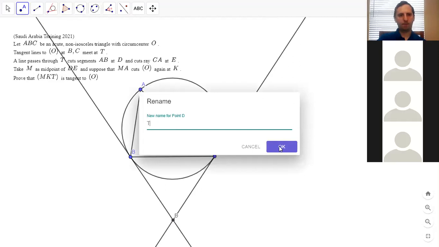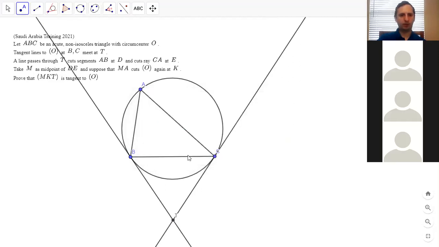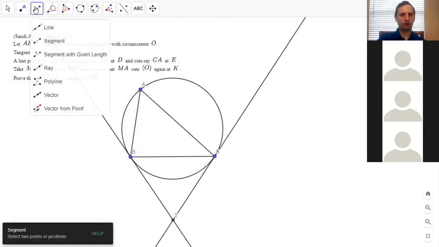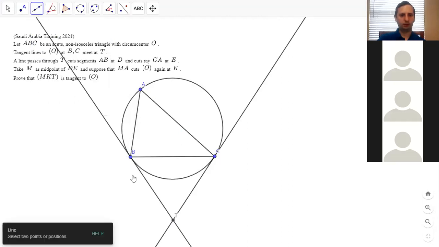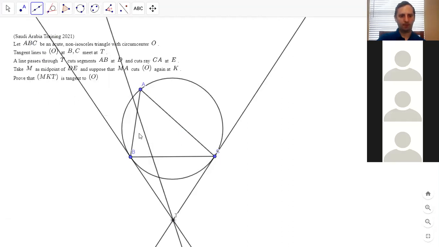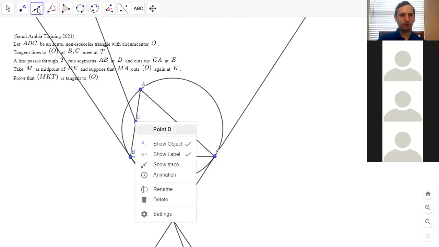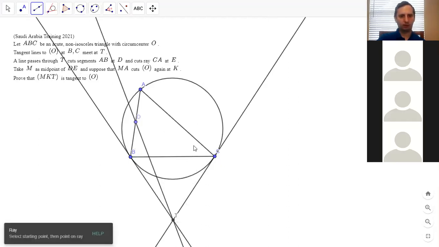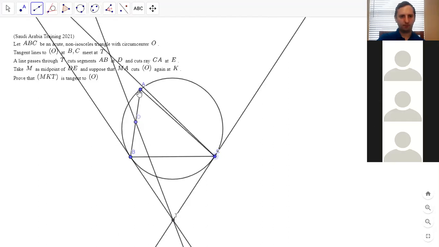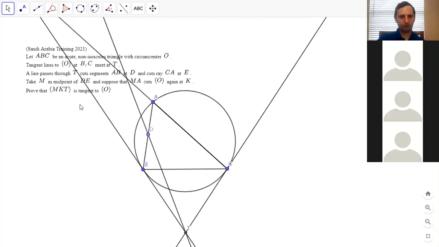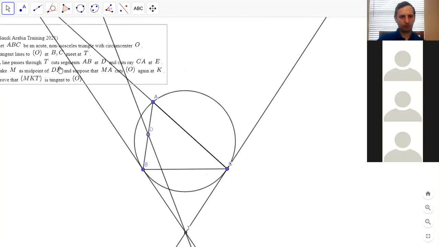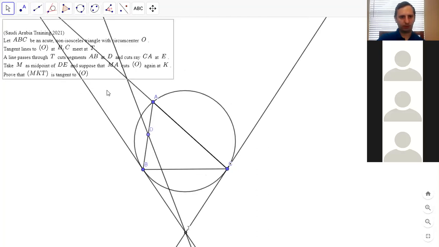And a line passes through T, and we want to see where it cuts AB and CA. So it cuts AB at D, and then it cuts CA at E. Let me make this a little better. All right, so that will be point E right there.